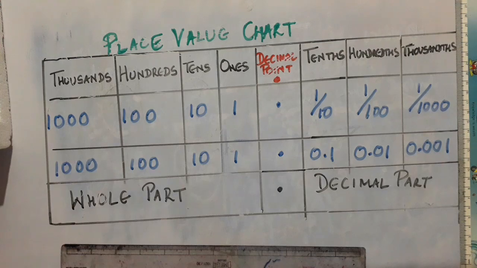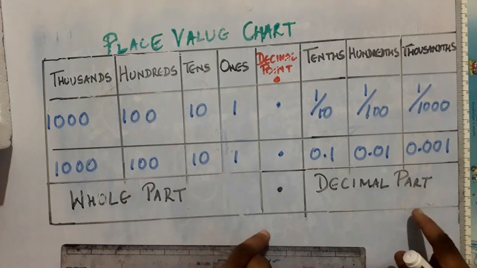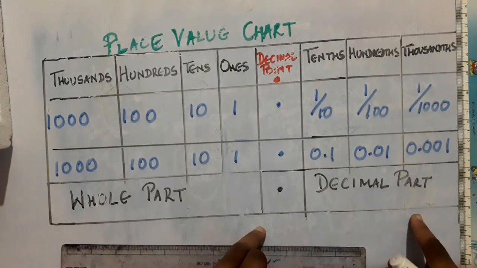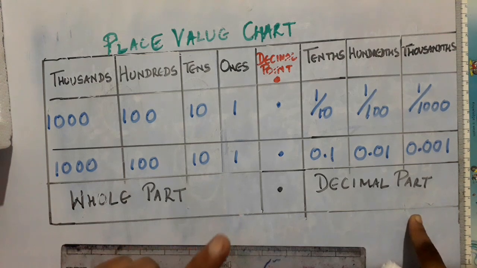The decimal system is an extension of the place value system of whole numbers. Each digit in a number has a different place, whether it is before the decimal point or after the decimal point. The decimal system is a base 10 number system, right? So the place values vary by a multiple of 10.